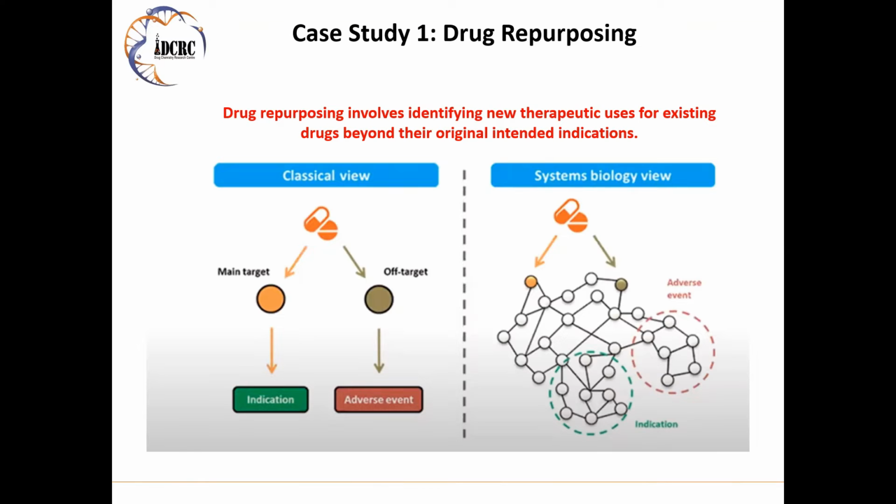Whenever we take a particular drug, there can also be side effects, known as off-target effects, which can be adverse effects. So that was the classical view of drug action.